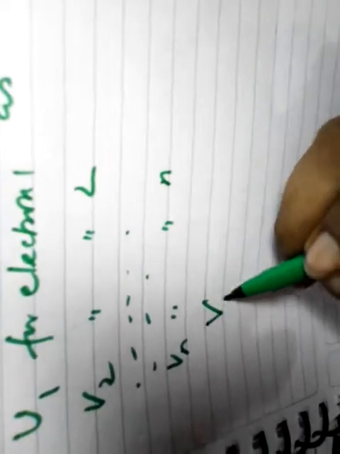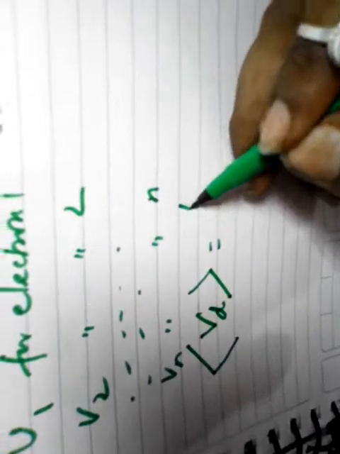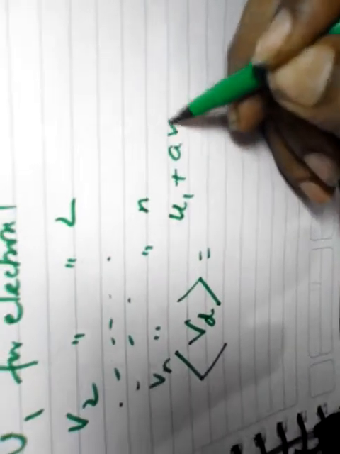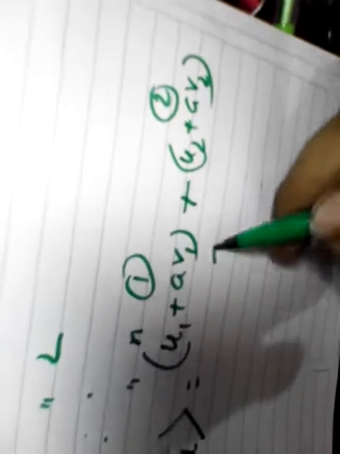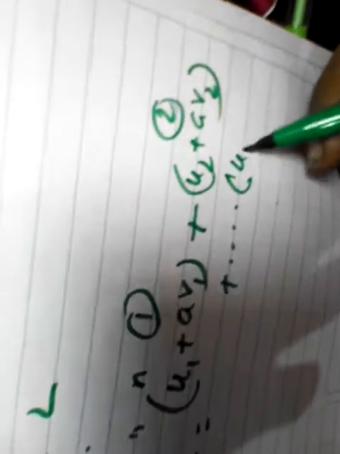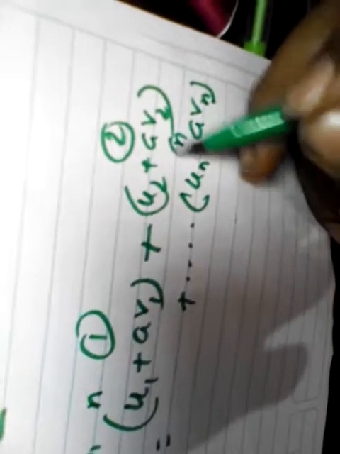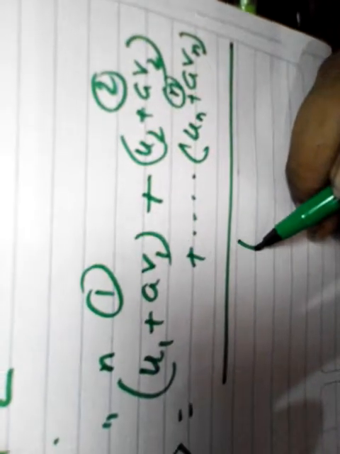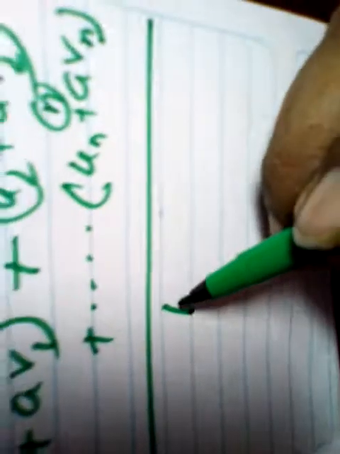The average drift velocity will be taken as (U1 plus aT1) for the first electron, (U2 plus aT2) for the second electron, and this way (Un plus aTn) for the nth electron, divided by the total number of electrons. So what will come up?